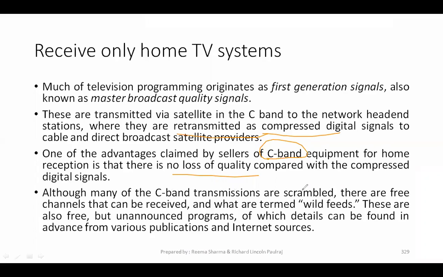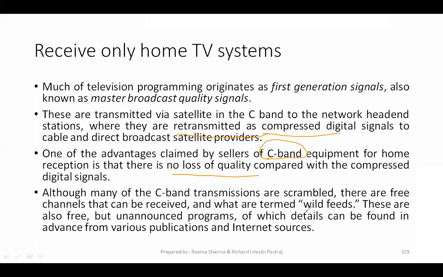Although many of the C-band transmissions are scrambled, there are free channels that can be received. It's like how we have certain channels that, even though you don't pay for them, you can view. Just like in the previous days we used to have the Doordarshan channels, right? So there are a few channels which are free, and what are termed as wild feeds.